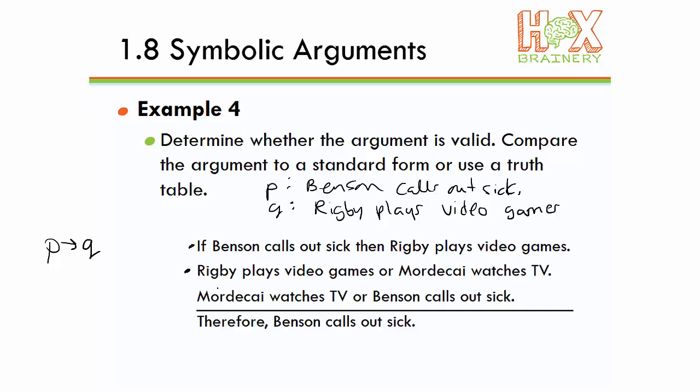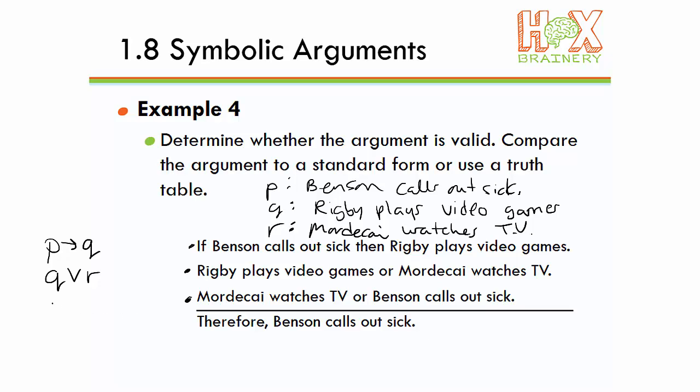The second premise, Rigby plays video games, or Mordecai watches TV. I don't have that yet, so R can be Mordecai watches TV. So that second premise is Rigby plays video games, Q, or the disjunction, Mordecai watches TV, R. Oh, we have a third premise, which we haven't seen before.